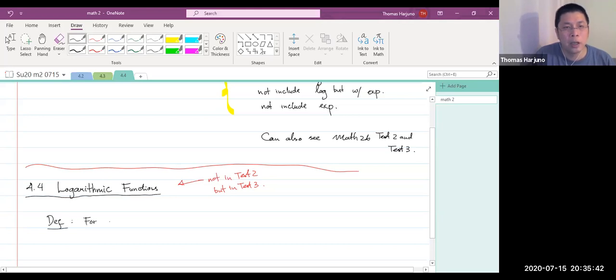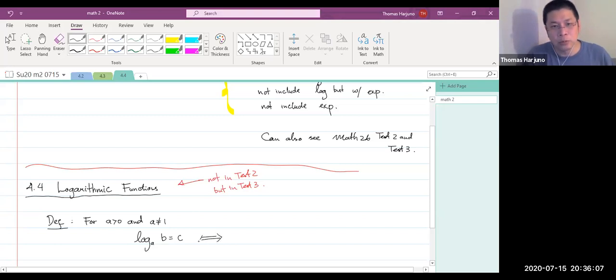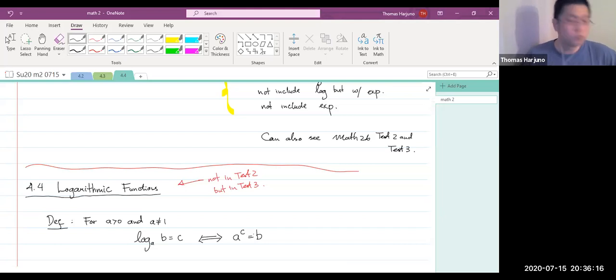For a positive and not 1, if we have log base a of b equals c, that expression is the same as a to the c equals b.